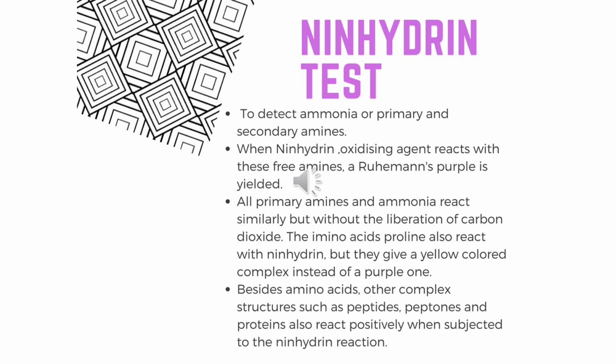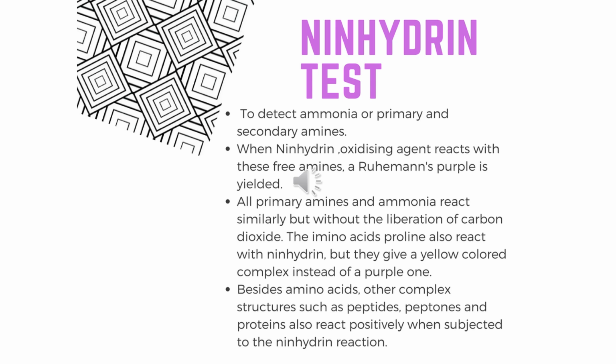Next, we will look into Ninhydrin test, which is used to detect ammonia or primary and secondary amines. When Ninhydrin, the oxidizing agent, reacts with these free amines, Ruhemann's purple is yielded. All primary amines and ammonia react similarly, but without the liberation of carbon dioxide.